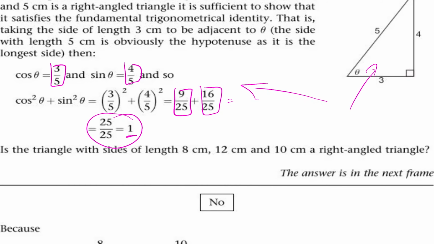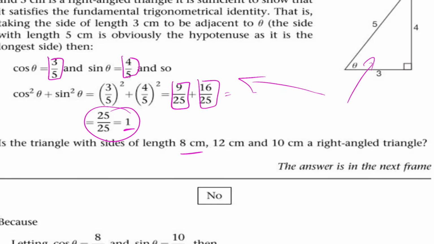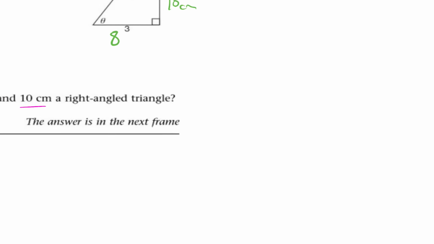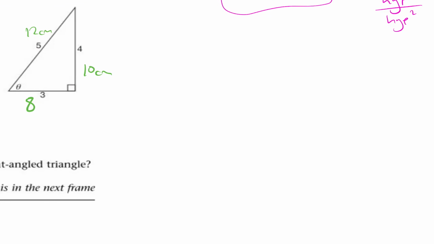Okay, so they've got a question for us to do. Is a triangle with sides of length 8 centimeters, 12 centimeters, and 10 centimeters a right angle triangle? We can just apply this here. We have 8 centimeters, 10 centimeters, and 12 centimeters, and we're asking, is this a right angle triangle? So let's work it out. We've got cos squared plus sine squared equal to 1.